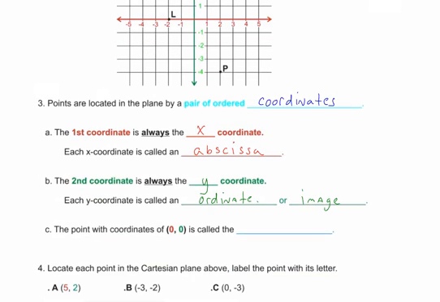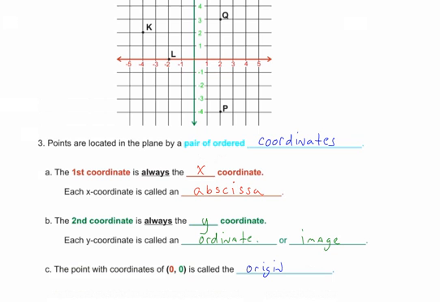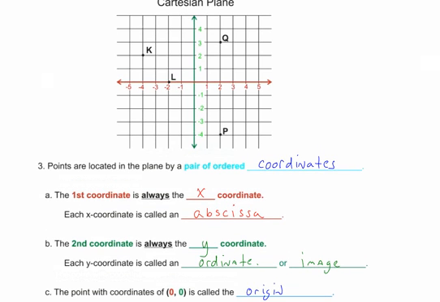And the point with coordinates 0, 0 is called the origin. Right? The origin. Because what point has coordinates 0, 0? So let me pause for a second and make things clear. That point right there at the center, and I just made a blue point, the place where the x and y axes both intersect, has an x value of 0 and a y value of 0.